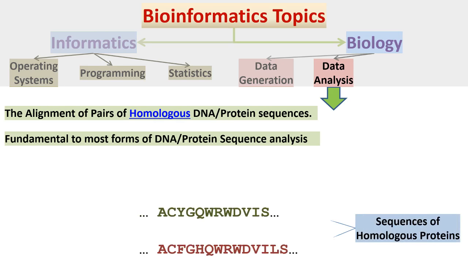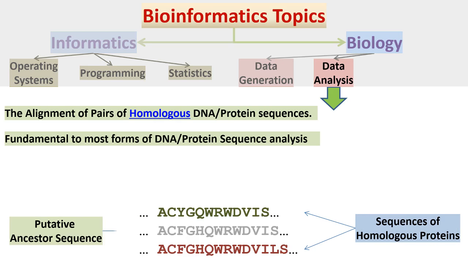Pairwise sequence analysis starts then with two homologous sequences and a putative ancestor sequence from which those sequences may have evolved. The software computes the most probable alignment, matching residues of the homologous sequences with those of the putative ancestor sequence. Where required, padding characters, here I use minus signs, are introduced to achieve full correspondence between the sequences.